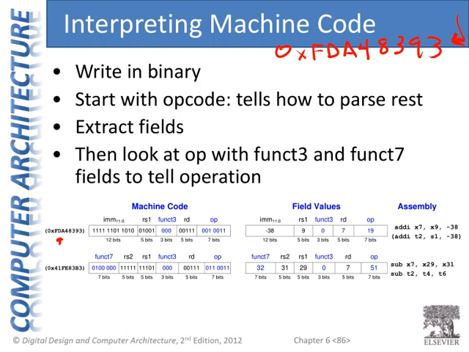So we know what the rest of the fields look like. Okay, so the first thing we do is figure out what the opcode is. And now we know that, hey, the next 5 bits are going to be RD. These 3 bits are going to be the function 3 bits. And then we're going to have 5 bits to tell us what RS1 is. And then finally, those last bits are going to be our immediate field.